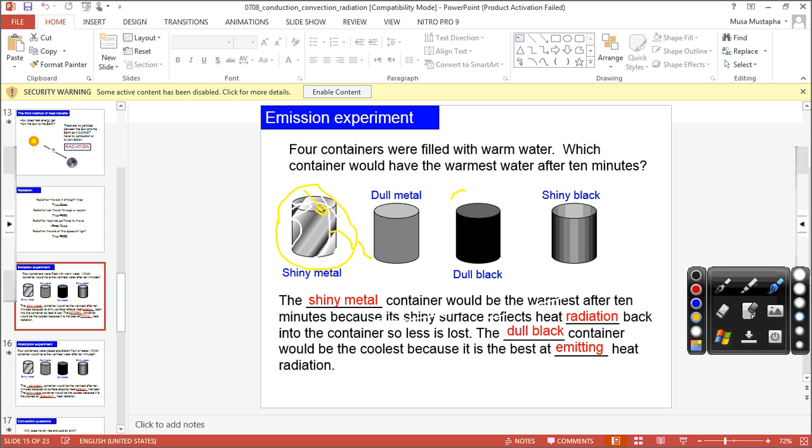And the dull black container will be the coolest because it is best at emitting heat through radiation.